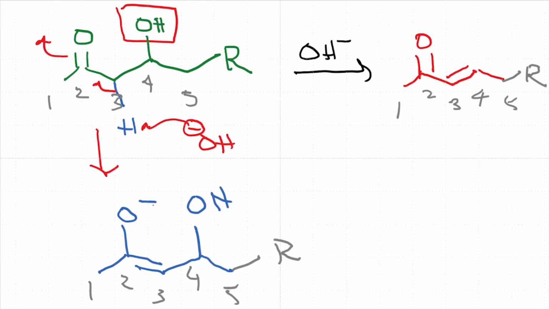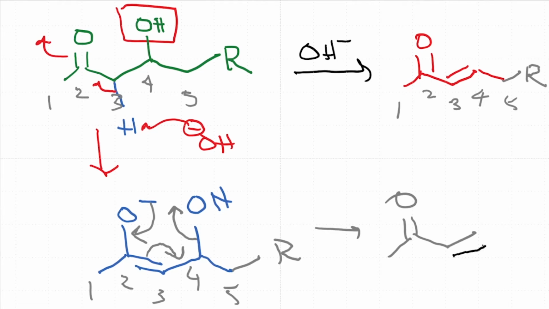Now in the second step, one can imagine that a rearrangement can occur where hydroxide ion is lost and you get the olefin. Right here, there's the product. So this is one of the possibilities.